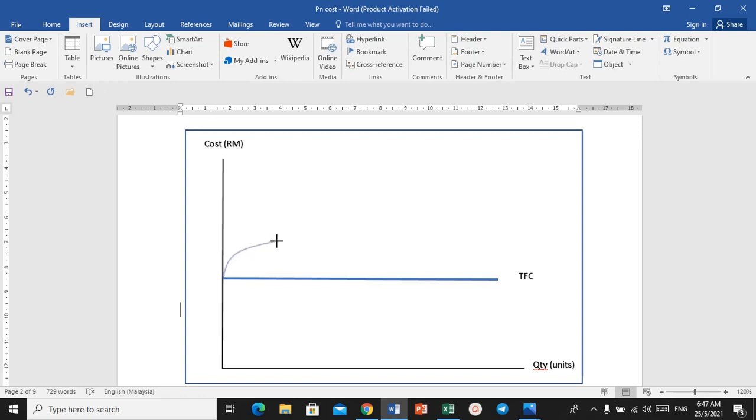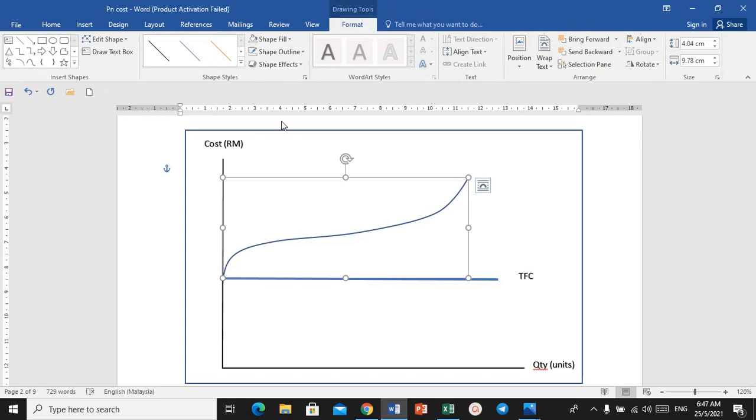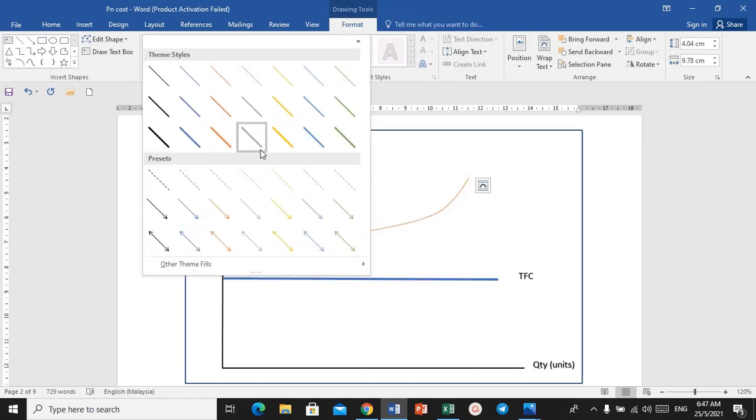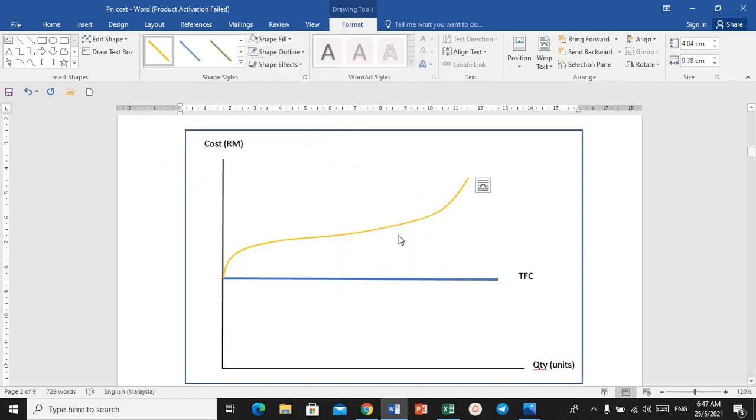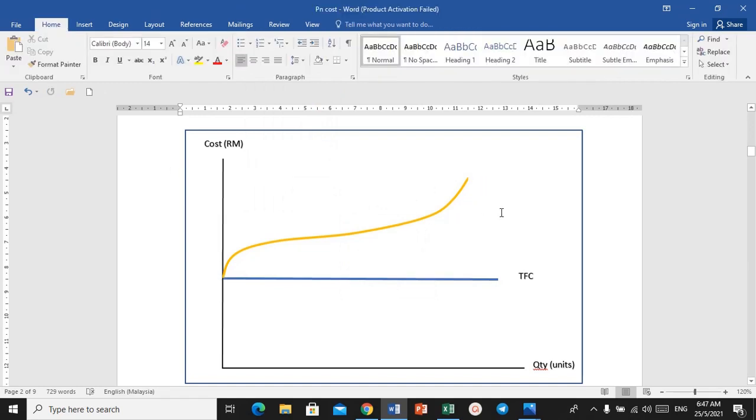Curving, make it curve. Melengkung-lengkung, berlekuk-lekuk. Nama pun curve kan. Alright, so I'm going to use a different color for this. Tak kisahlah dia mula, asalkan dia bermula di tempat yang sama, tak kisah dia berakhir di sana ke sini ke, tak kisah.